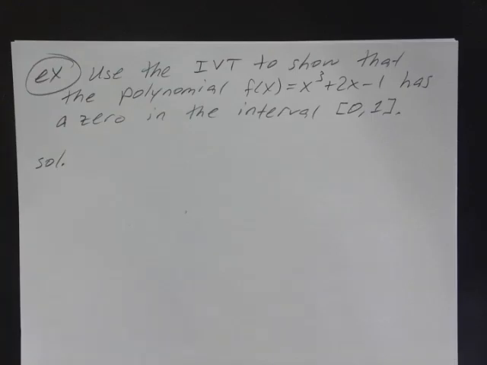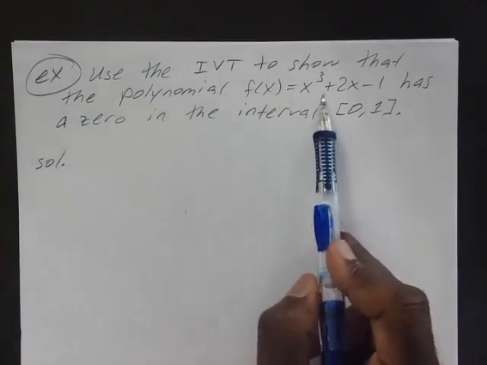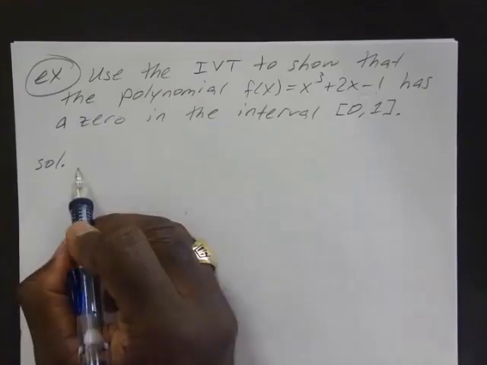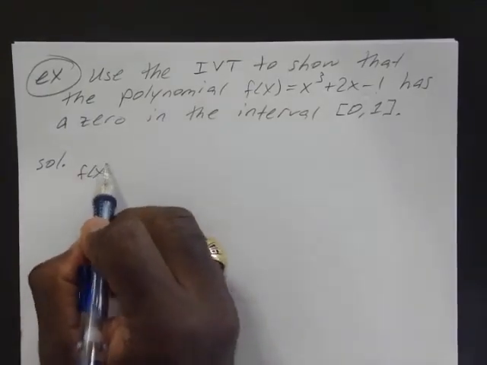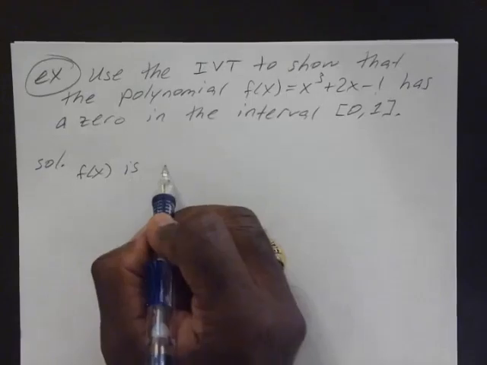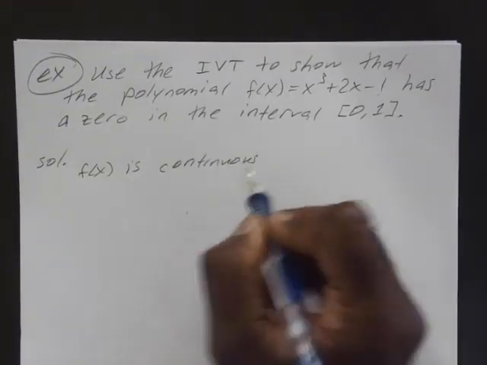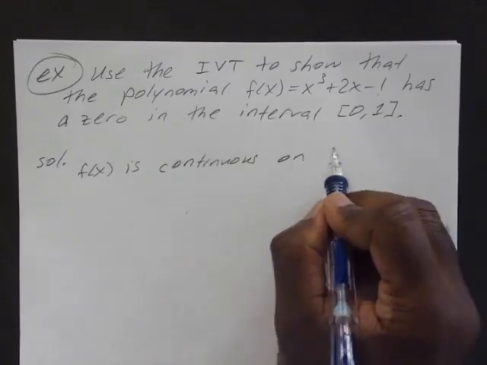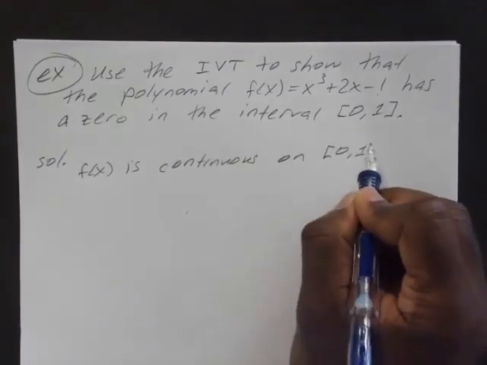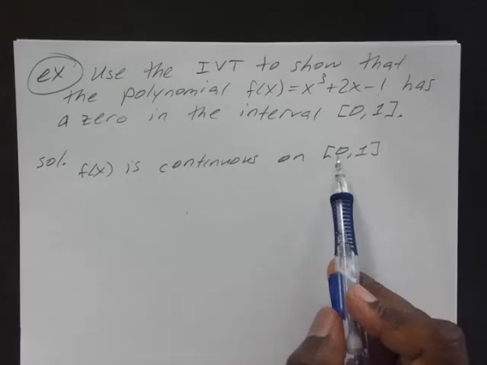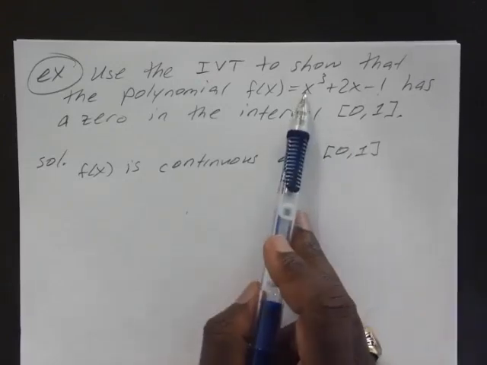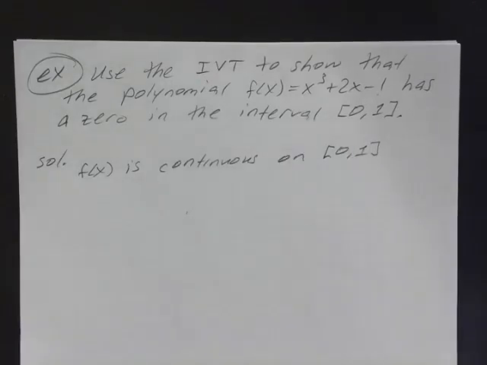Okay. Well, the first thing we notice is that f of x is continuous. So we see that f of x is continuous on the interval from 0 to 1. Because we know we can plug in any number between 0 and 1 and we'll get a real number answer. It won't be undefined anywhere. So that means we can use it.